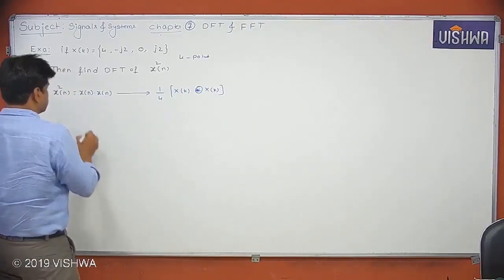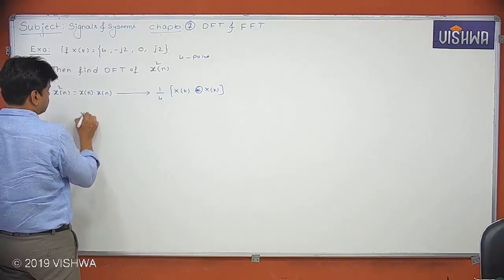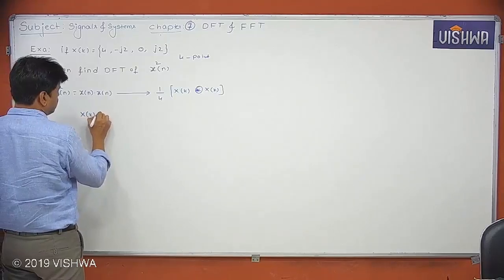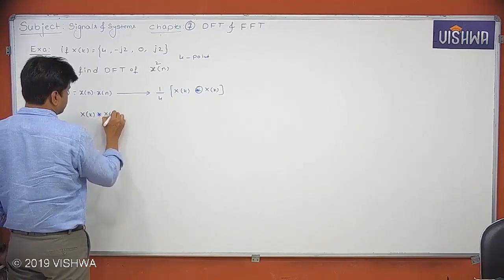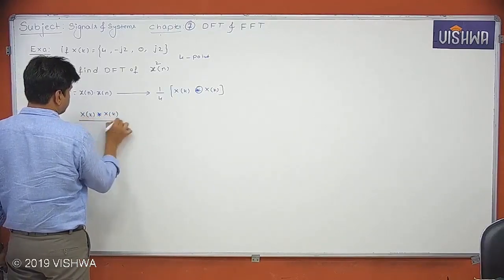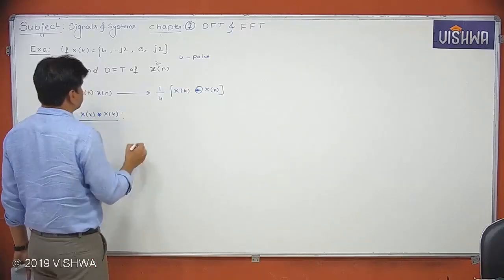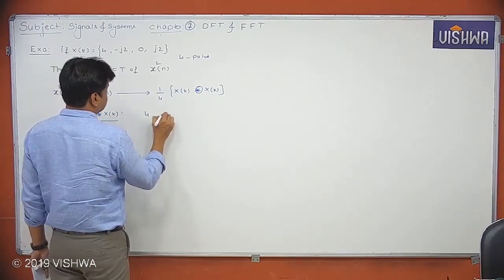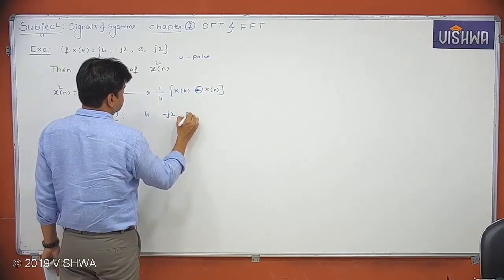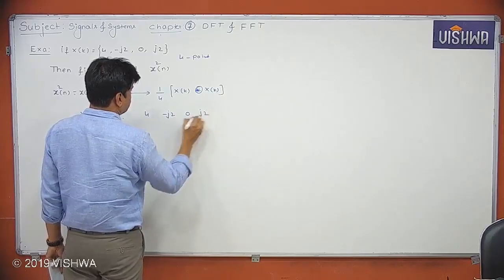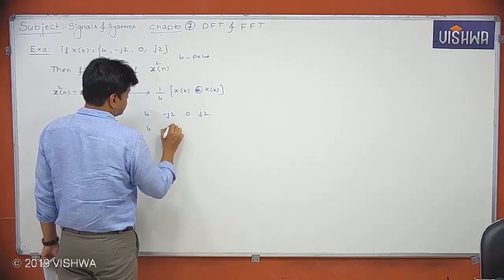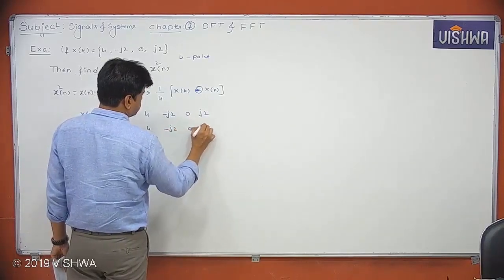So what is X of k circular convolution with X of k? This is what I am trying to find out now. I can directly go for 4, minus j2, 0, j2 and 4, minus j2, 0, j2.